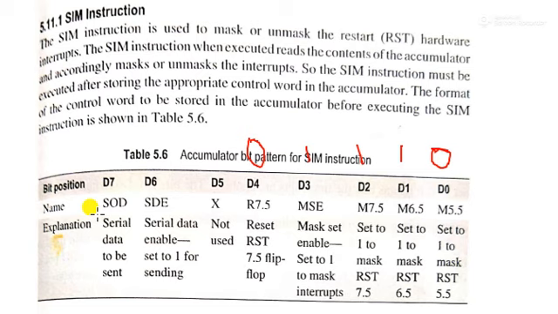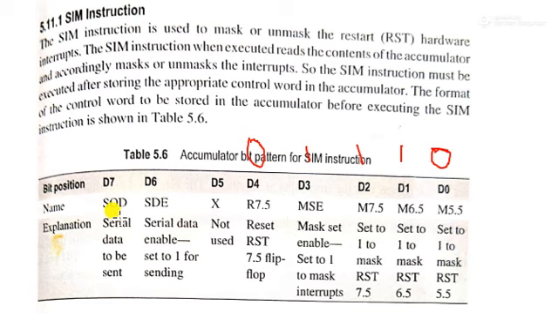So there is a device for serial to parallel transfer, and the output data will be transferred when the D7 bit is 1.